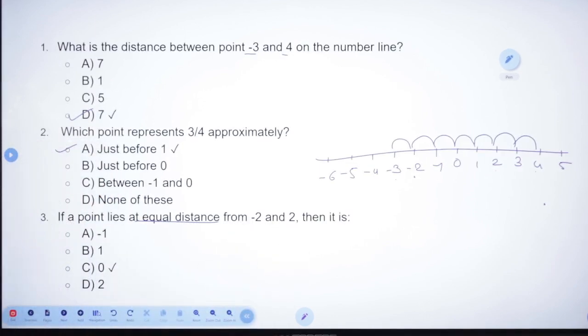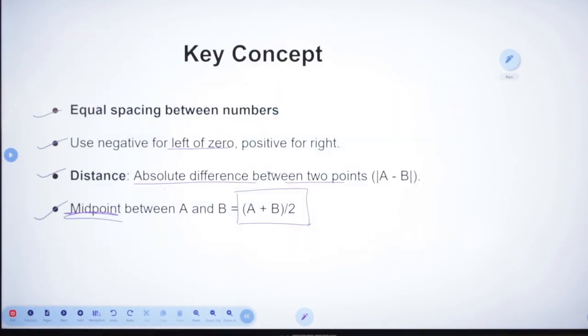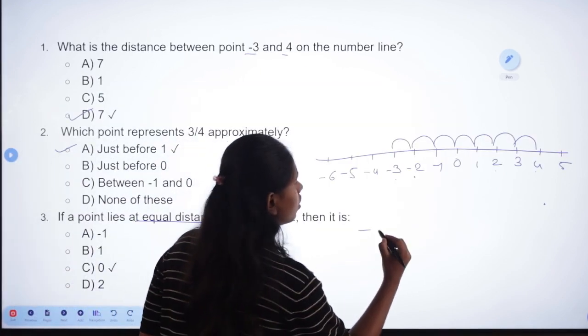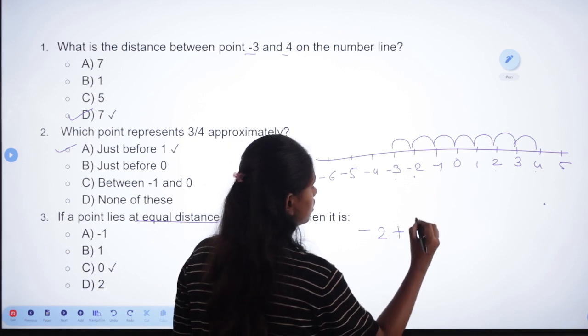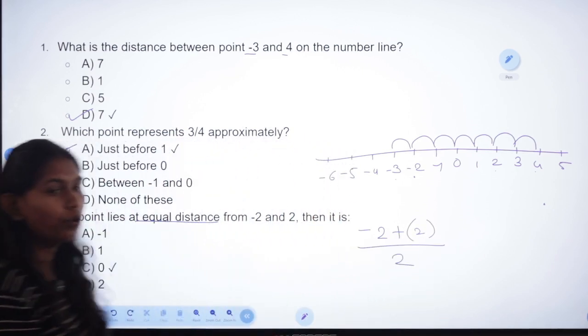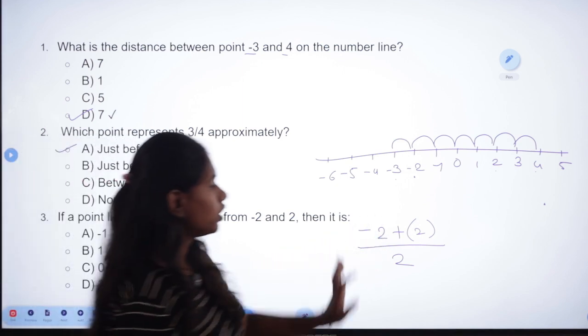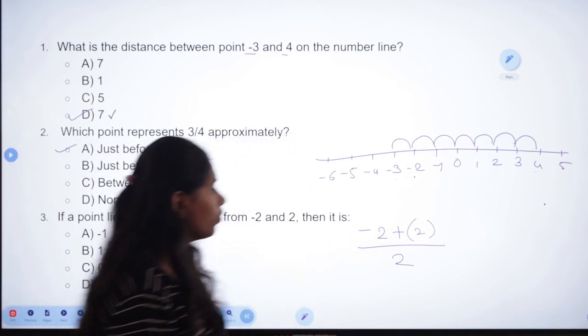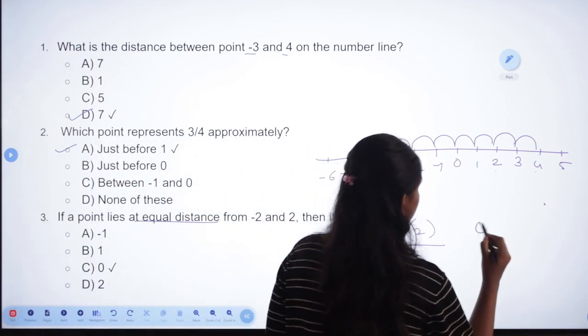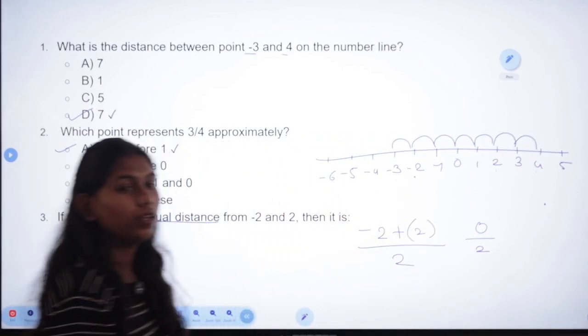Now what is the formula for the midpoint? That is a plus b divided by 2. It means first number plus second number, and you have to divide this by 2. So plus minus it will be minus. So 0 by 2.